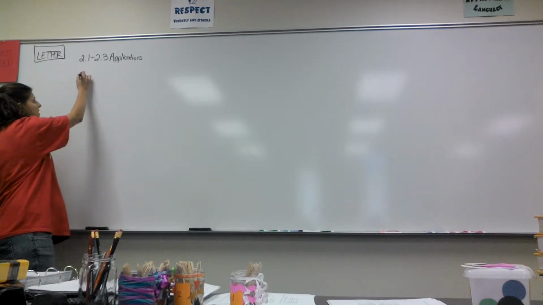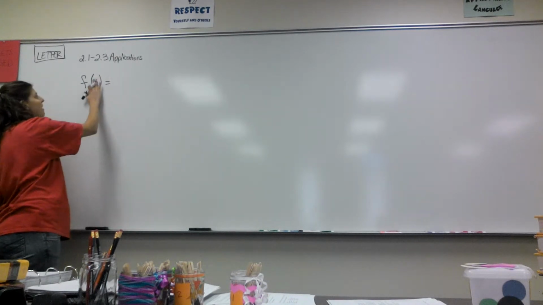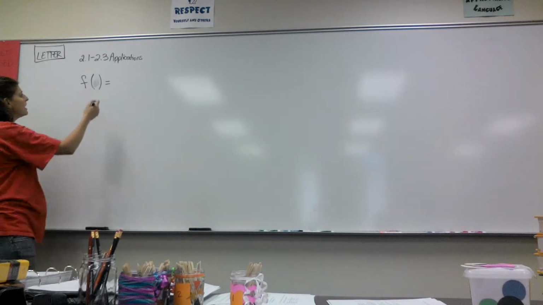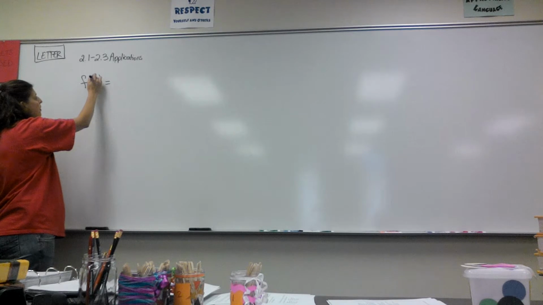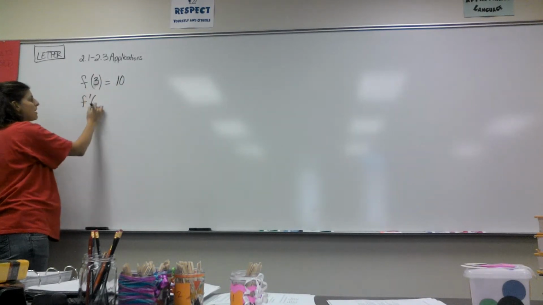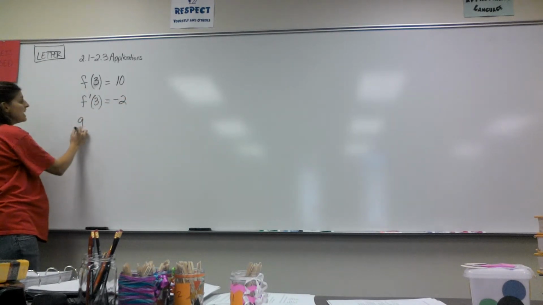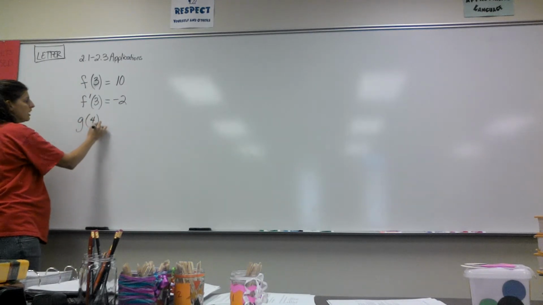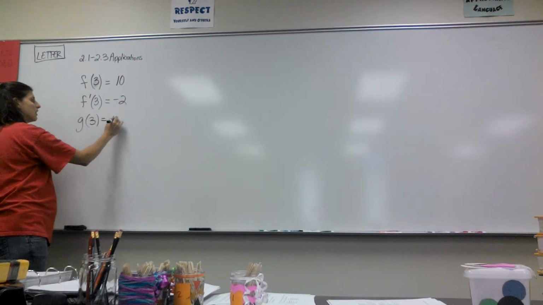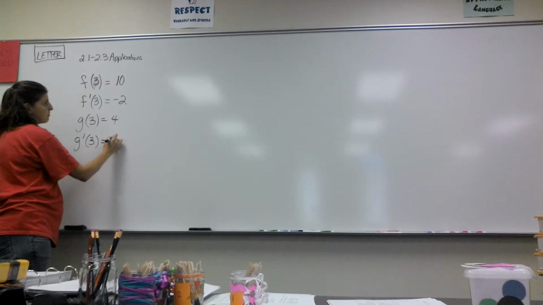So let me start you off with a different kind of problem. I'm not going to give you f of x. Let's say I just give you specific things about f of x. So let's say I tell you f of 3 is 10, f prime of 3 is -2, g of 3 is 4, and g prime of 3 equals 1.